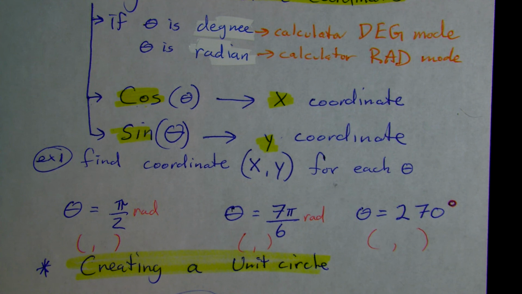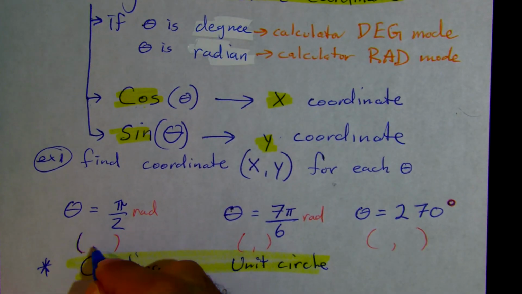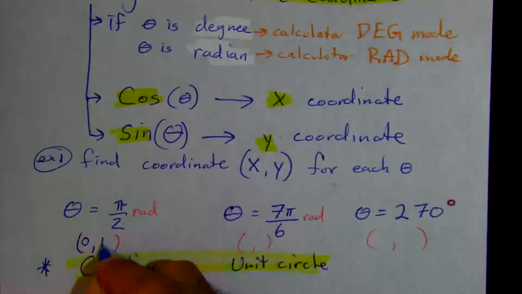Cosine of that should be 0. There we go. Pi divided by 2 equals, and then push sine. There we go. All right, let's see if you got what I got here. For the first point, we get 0, 1.